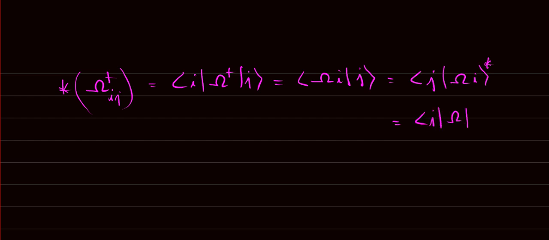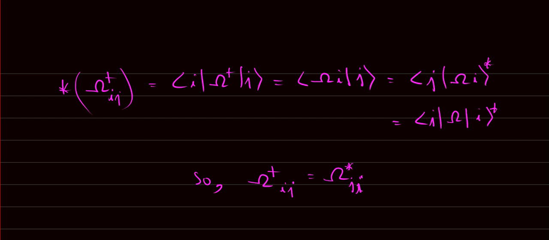So we find that the adjoint of omega ij is equal to the complex conjugate of omega ji.